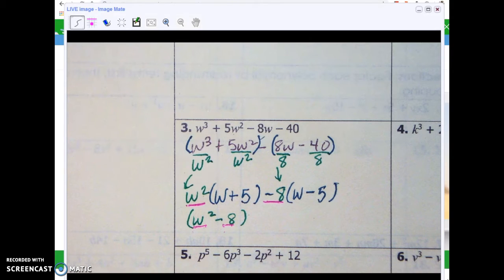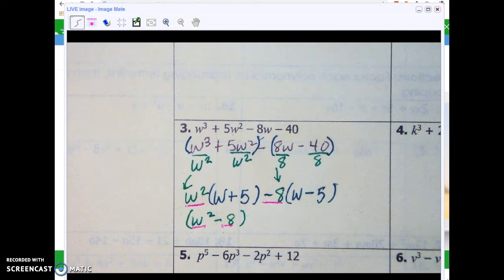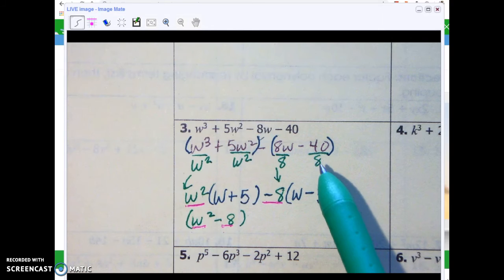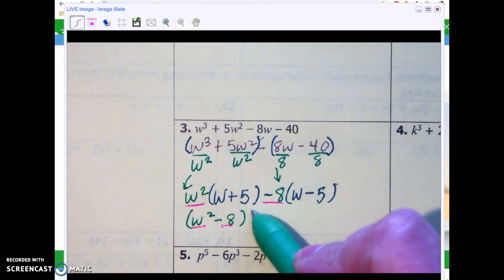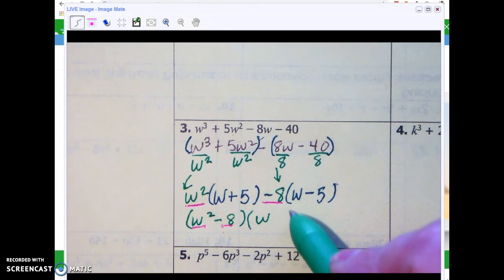Now, what's my problem? What's the problem with this and this? One's negative and one's positive. They must be the same. So now I have to do a little more thinking. When I multiply, I know I'm going to have a w and a 5.